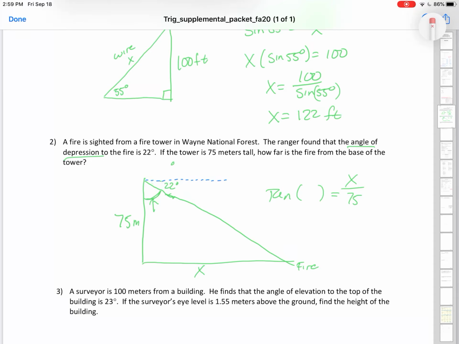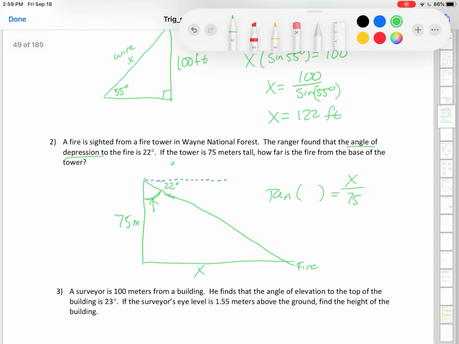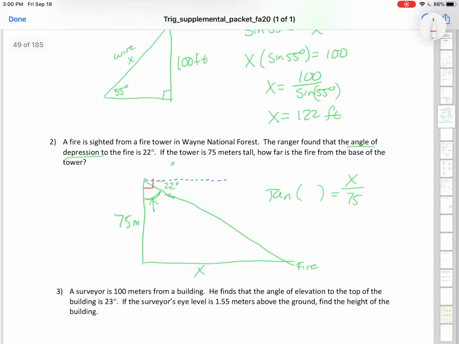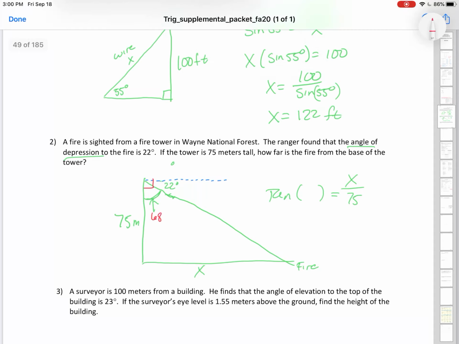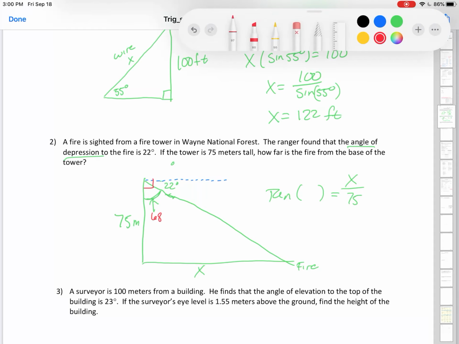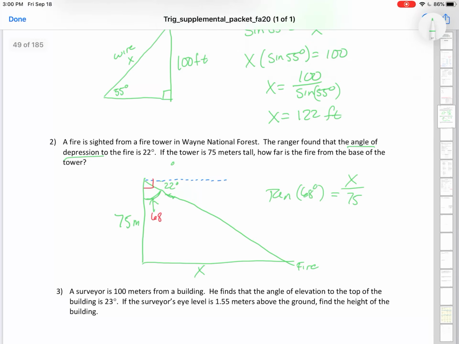We definitely know that this angle right here is 90 degrees. And so if I take 90 and subtract away 22 and get 68, I must have the degree measurement that's in there. Whoops, I meant to change the coloring of that, but that's fine. So this is 68 degrees.